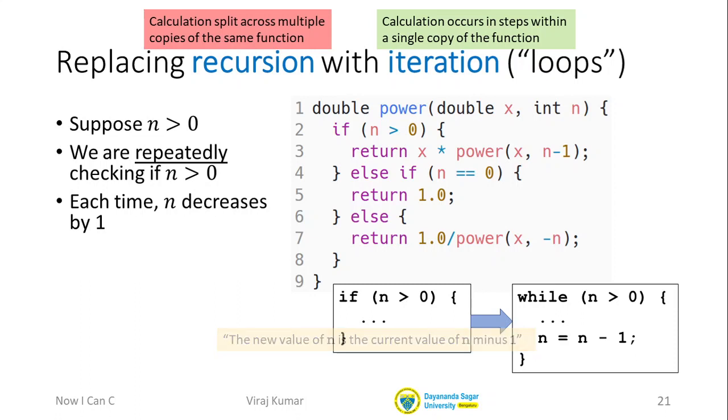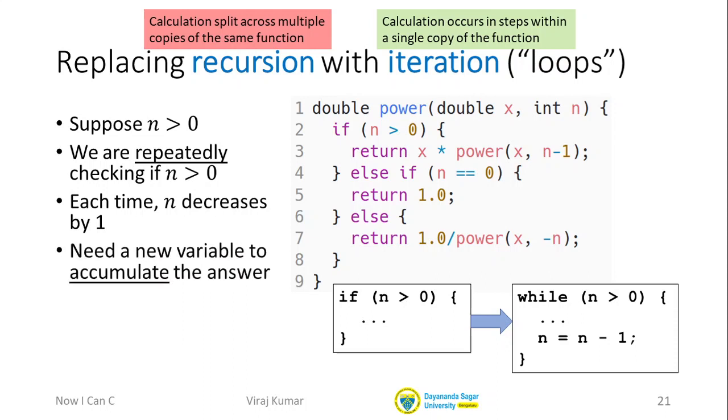I know this kind of statement is very strange to get comfortable with, but we have to try and understand this because it is a critical type of statement that we will now start seeing. So once again, it says the new value of n is the current value of n minus 1, and this achieves the same as decreasing the value of n, which we did in the recursion.